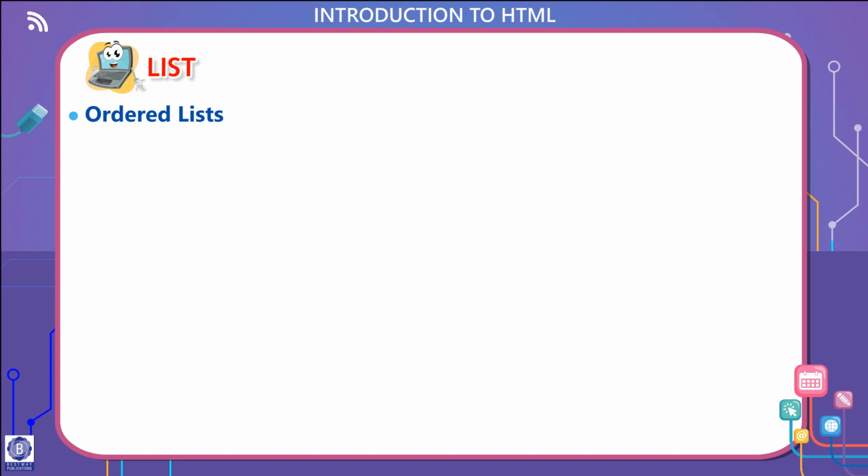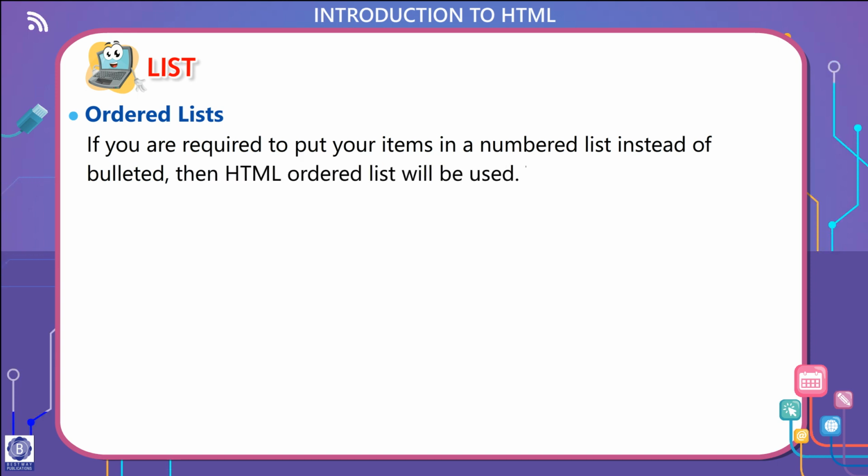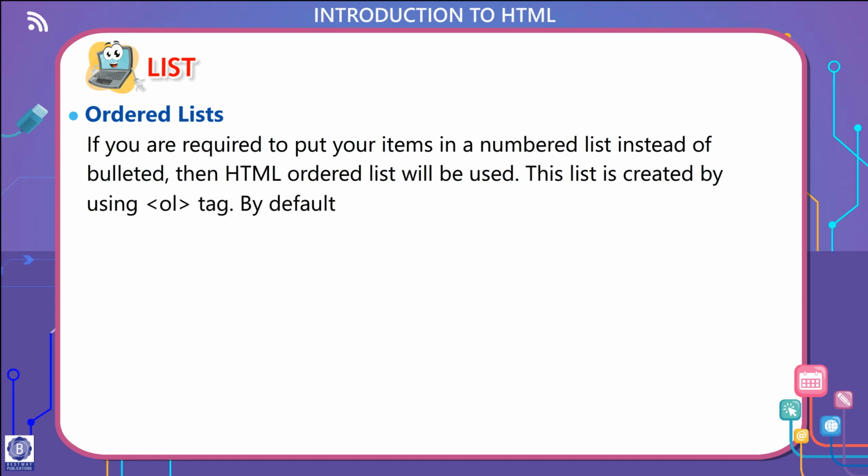circles. Ordered list. If you are required to put your items in a numbered list instead of bulleted, then HTML ordered list will be used. This list is created by using the OL tag. By default, numbered lists are used.